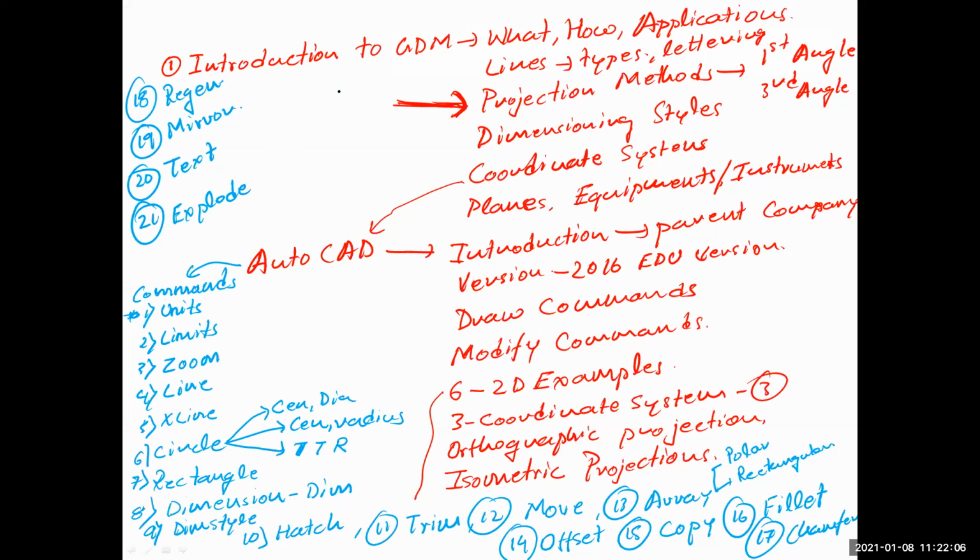Anything else? This much space is left. ISO, rotate. Very good. So 22 is your ISO draft. 23 is your rotate. Okay. Anything else? Plot command also we have seen.